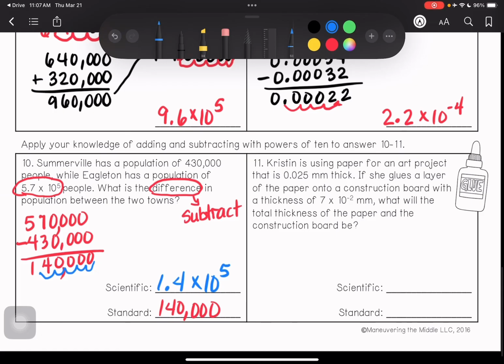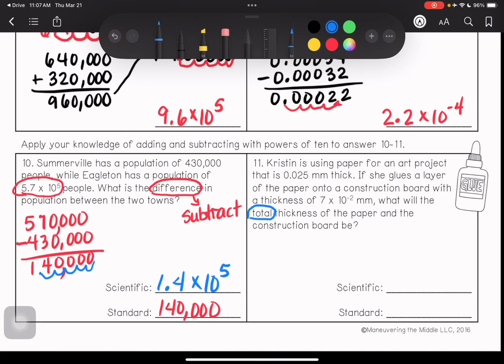My last one says Kristen is using paper for an art project that's 25 thousandths millimeters thick. If she glues a layer of paper onto a construction board with a thickness of 7 times 10 to the -2 millimeters, what will the total thickness of the paper and the construction board be?